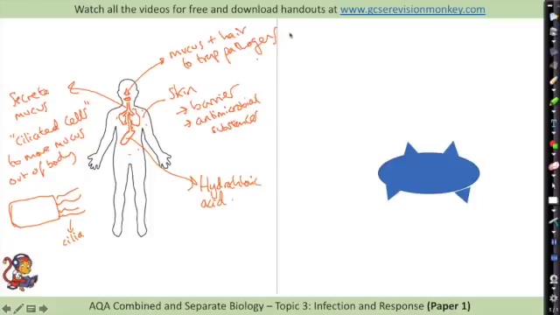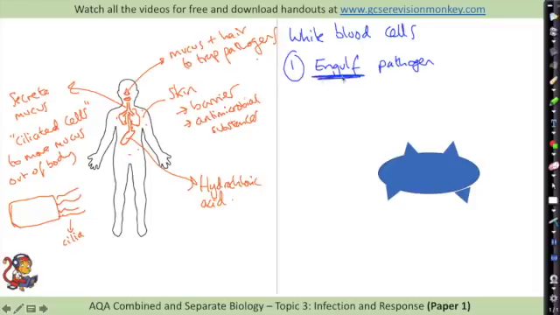Within our bloodstream we have cells called white blood cells, and there are some different types of these. Some of them can engulf a pathogen. We say engulf because these are just cells. We can't say eat or anything like that. We mean engulf.